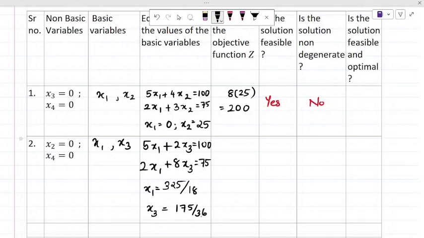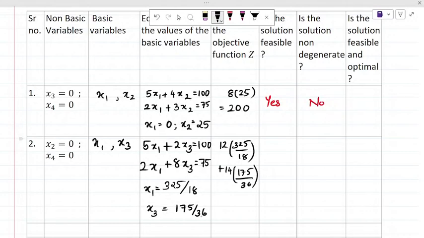What do we get? The objective function with the x1 value will be 12 into 325 divided by 18 plus 14 into 175 divided by 36.